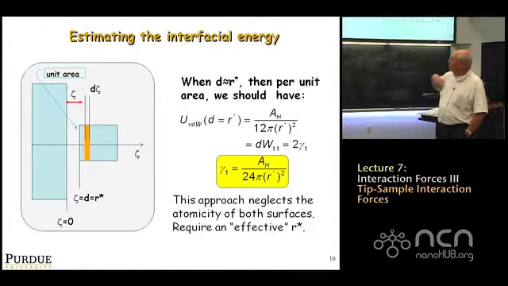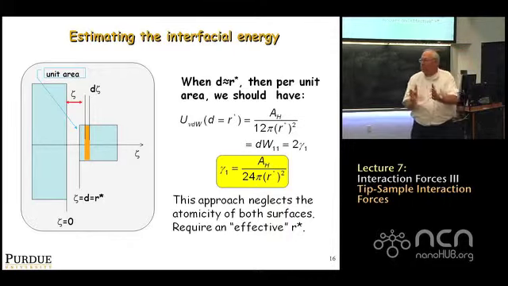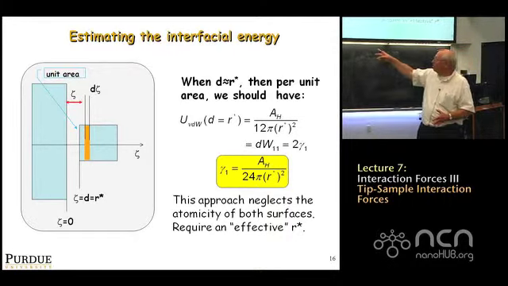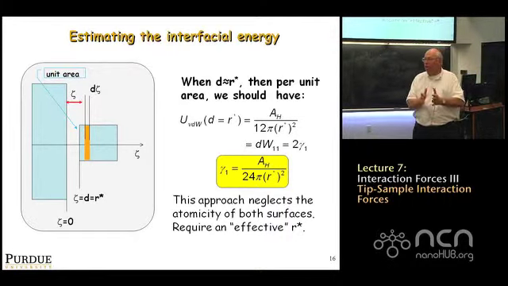There are just some numerical constants involved, 24 over pi. You need to know the separation distance between these two solids. You've got to know what R star is. That's hard to know. It's very hard to know that number.